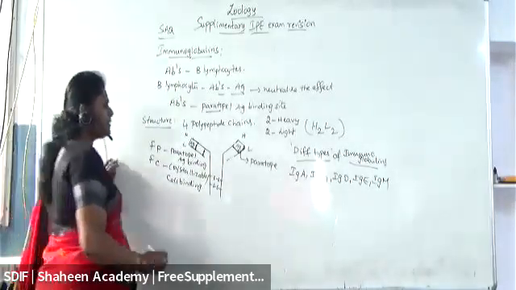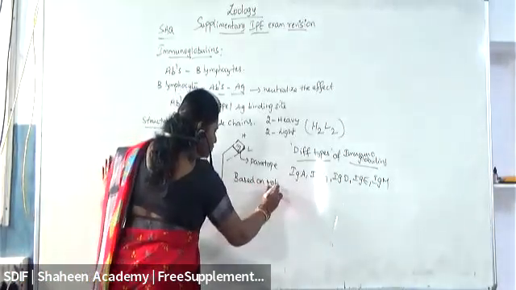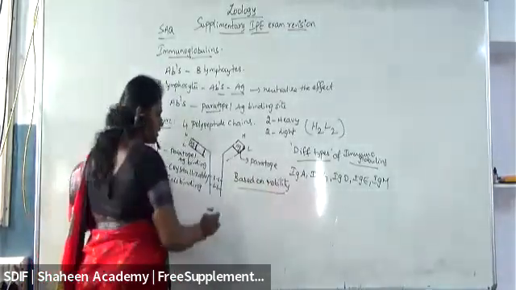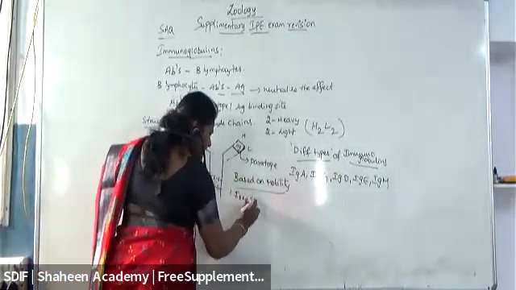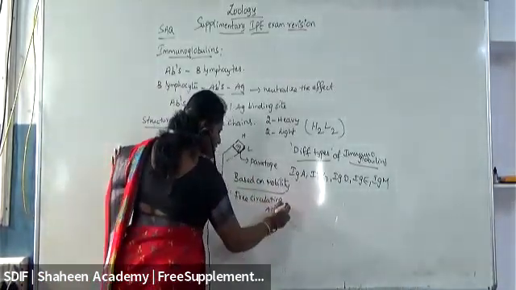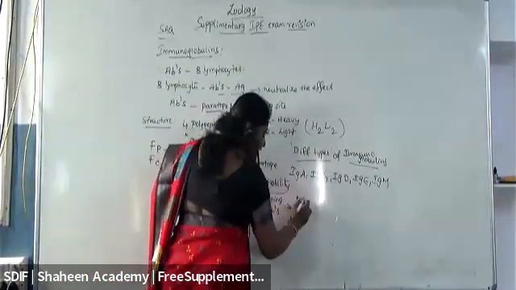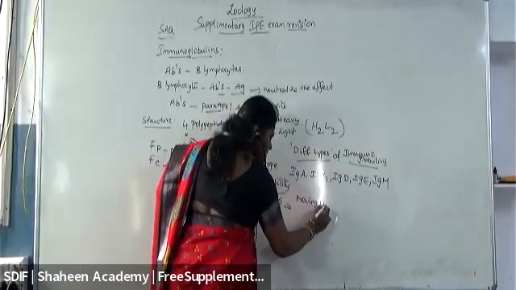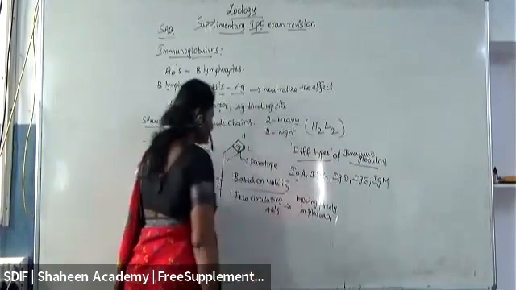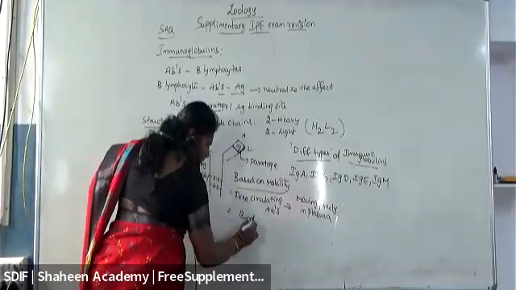And again, based upon mobility, antibodies are of 2 types. One is free circulating antibodies. That means once these antibodies are secreted from B lymphocytes, they will be moving freely in the plasma or blood. And the other type is binding antibodies.